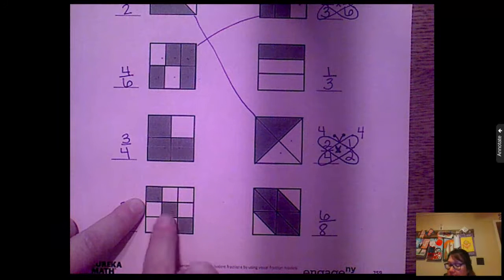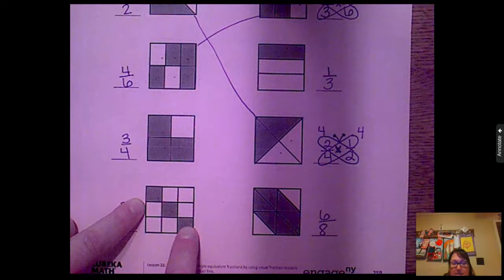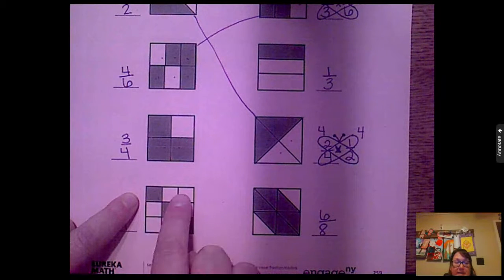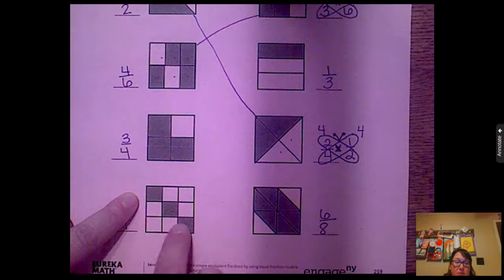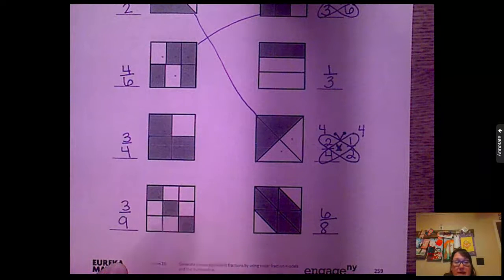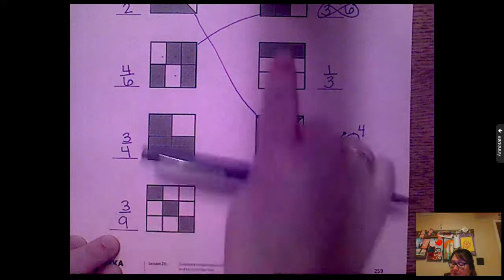But what if I move this piece here and this piece here? Then this top row would be completely shaded, and then these two would be pink, right? Kind of like a puzzle. We can kind of move the pieces around. So if I was to move this up there and this up there, then it would have the same amount shaded as there.